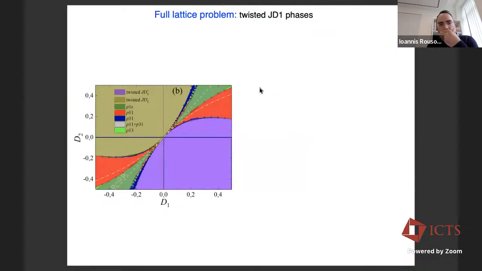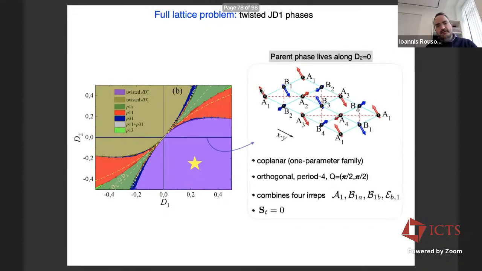Now we go to the full lattice phase diagram. Let's start with this configuration here. That's an incommensurate configuration. We have identified the parent phase of that configuration, and that parent phase lives along this line here. Along this line, we have identified a period-four orthogonal configuration, which is also coplanar.